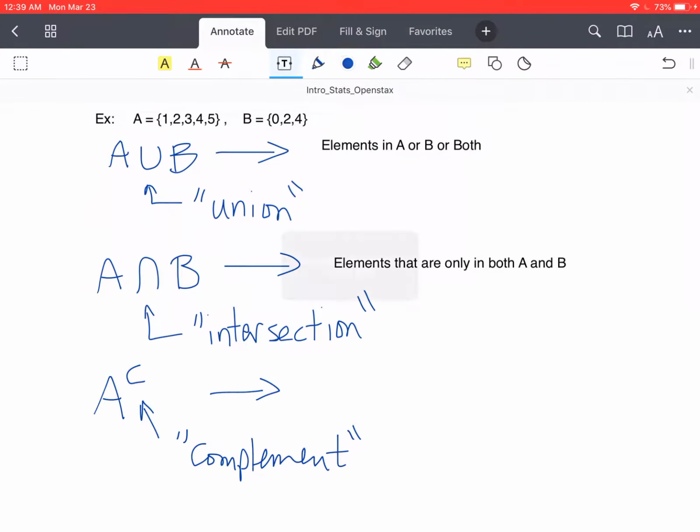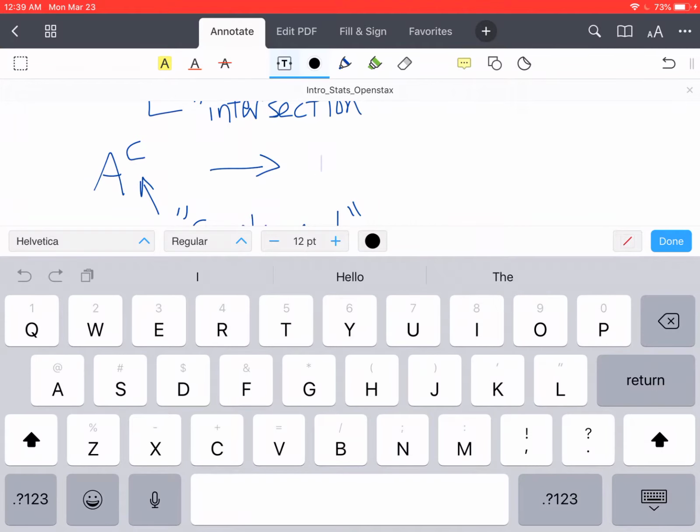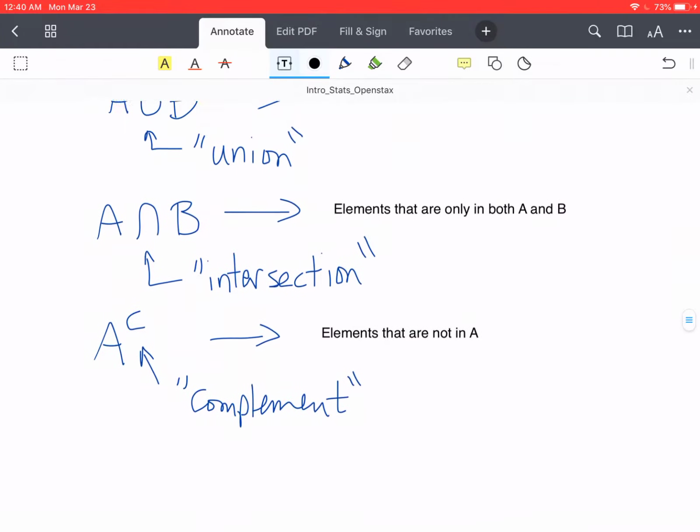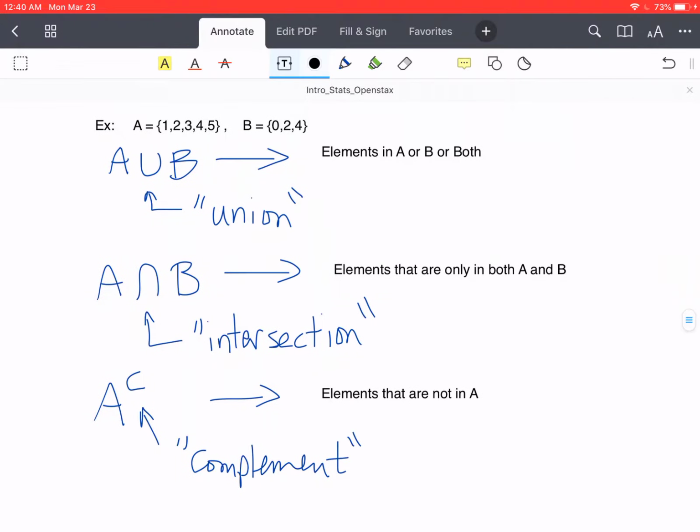All this is telling us is that when we have the set A, the complement is elements that are not in A. So A union B is either in A or in B or in both. A intersect B is only the elements that are in both A and B simultaneously, and the complement of a set is all the elements that are not in that set.